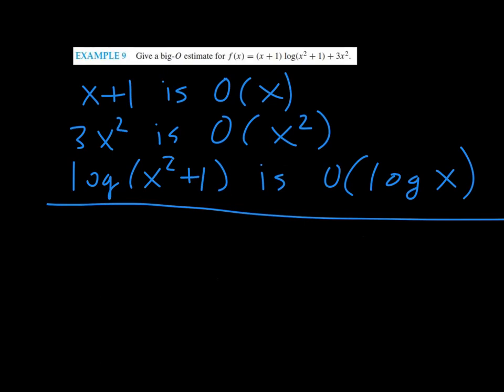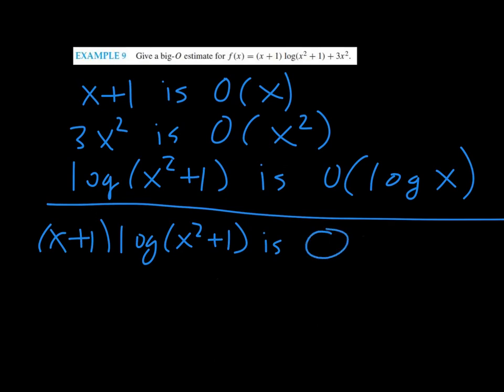Putting the first two parts together, that is x plus 1 and log of x squared plus 1, we're going to get that x plus 1 times log of x squared plus 1 is big O of the product of their two estimating functions.